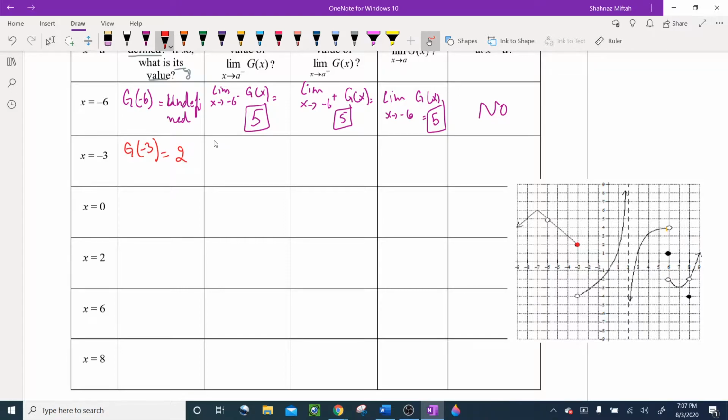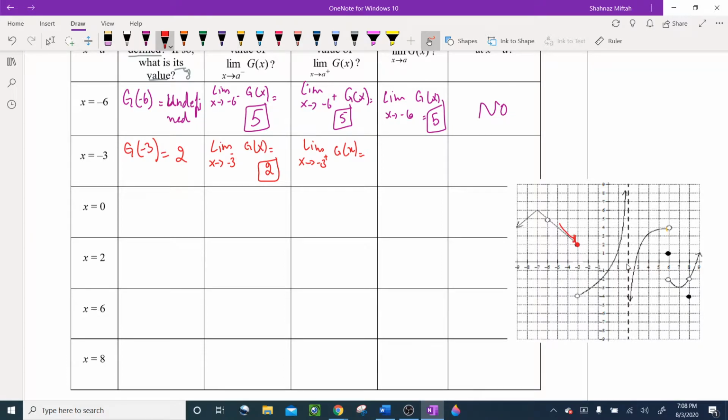Let's try the limits. The limit as x approaches negative 3 from the left of g of x: this is negative 3 and I'm going left. I approach exactly at this point, which is 2. So my limit from the left is 2. Now the limit as x approaches negative 3 from the right of g of x. This is negative 3 and the right side is this, right?